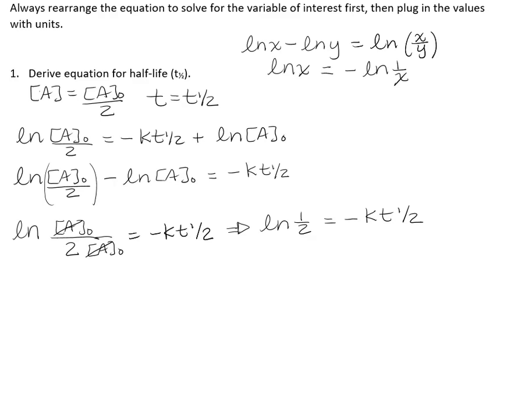So if we take the negative of that, we can flip that to be negative ln 2 equals negative kt1/2. Canceling the negatives, basically multiplying each side by negative 1, we have ln 2 equals kt1/2. Remember, we're solving for t1/2. So divide both sides by k, and we get t1/2 equals ln 2 over k.